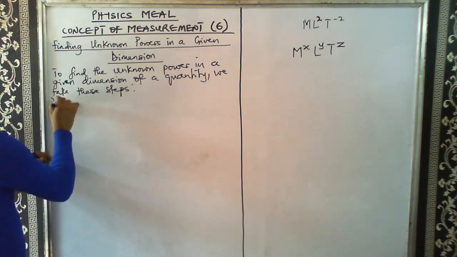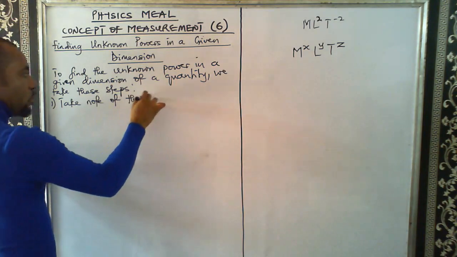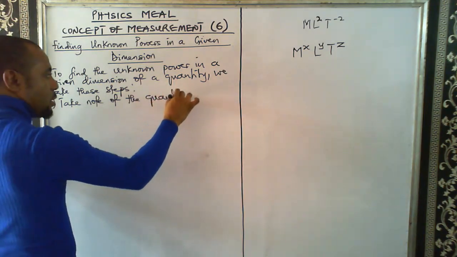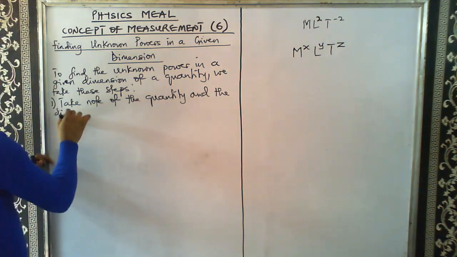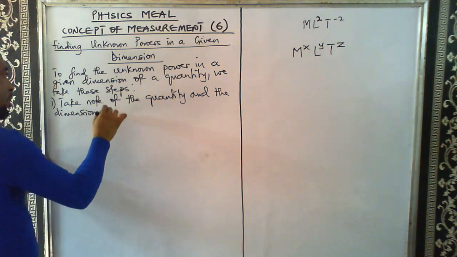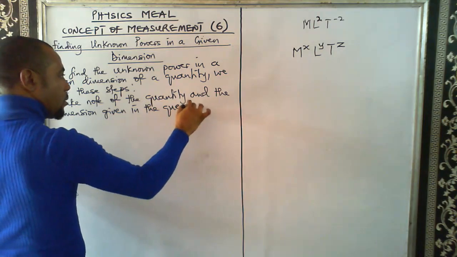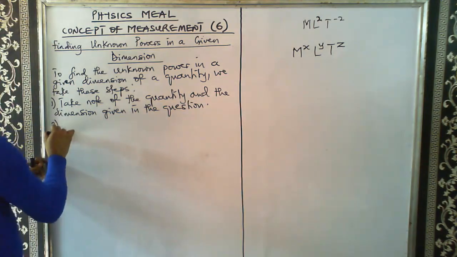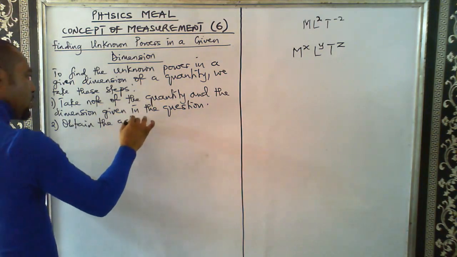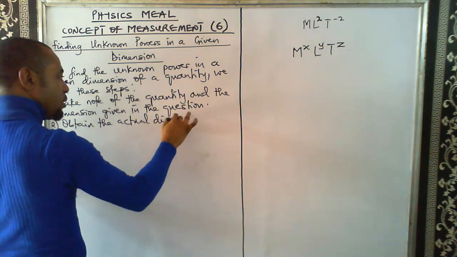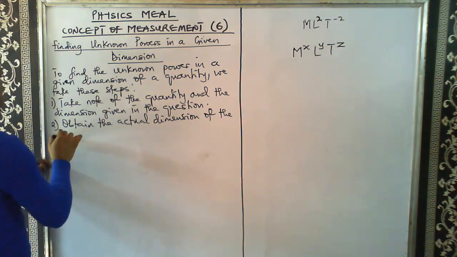Step number 1, take note of the quantity and the dimension given in the question. Obtain the actual dimension of the quantity.